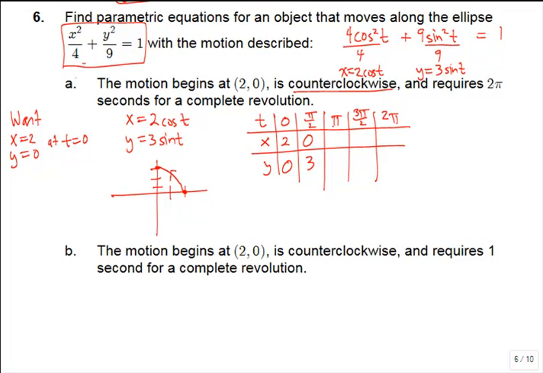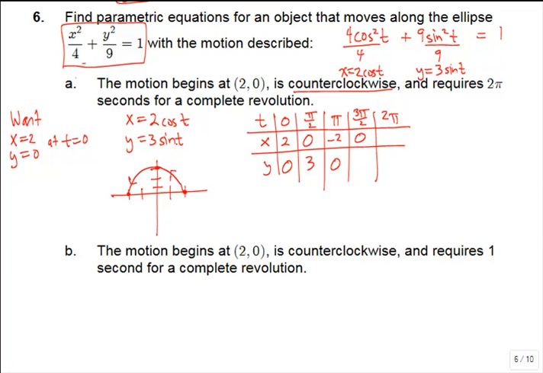Now let's let t be pi. Cosine of pi is -1 times 2, so this is going to be -2. Sine of pi is 0. So now we're at (-2, 0), which would be over here. So again, we're continuing along in this direction. So that's still going counterclockwise. If t is 3 pi over 2, cosine of that is 0.